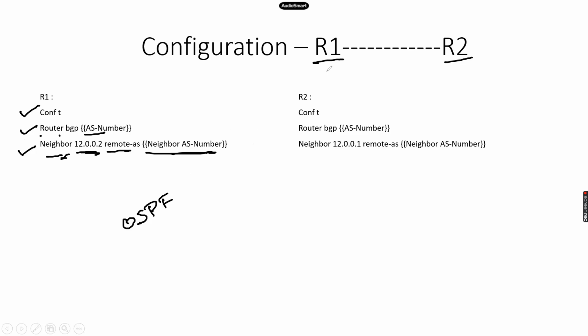Because here neighbors are not automatically found. A BGP-enabled router will not send any sort of multicast packets to a multicast destination address to find out who my neighbor is. They don't do that, which means we have to manually specify who my neighbor is.